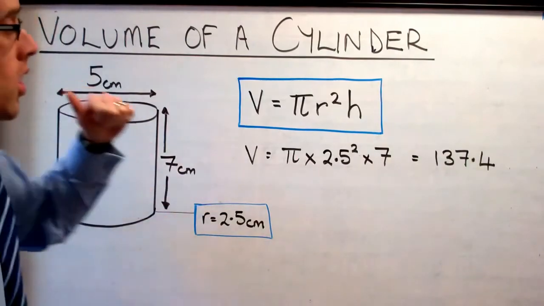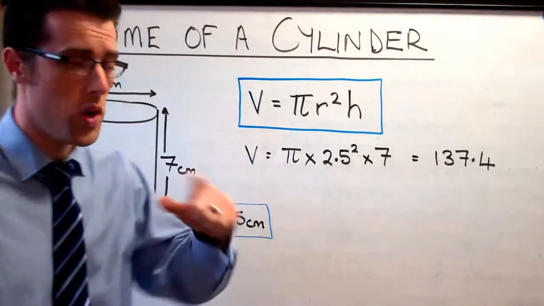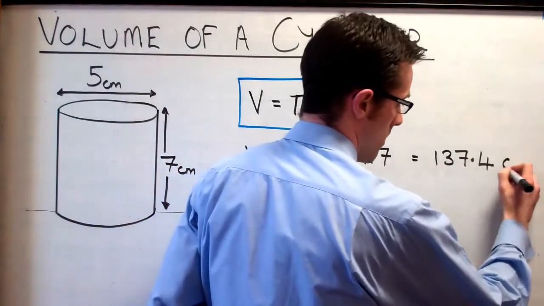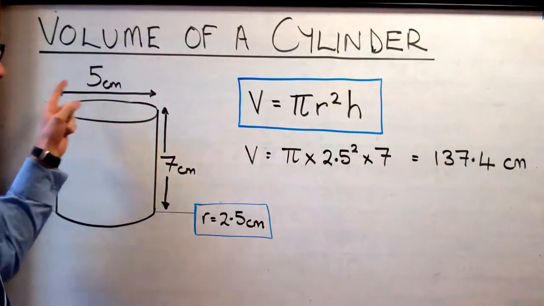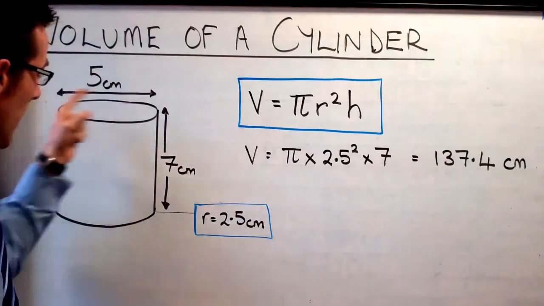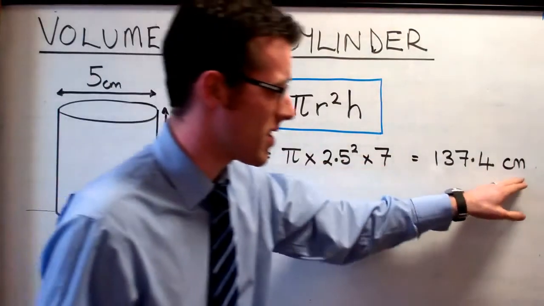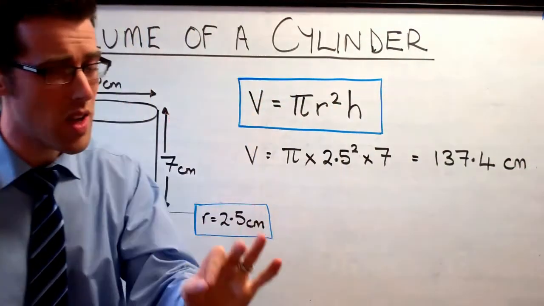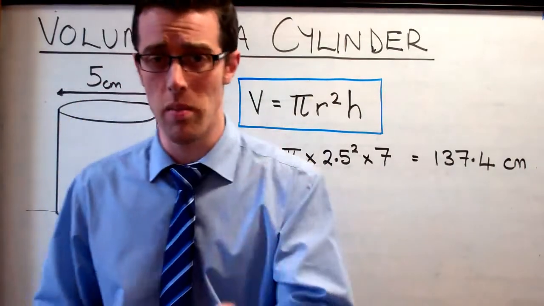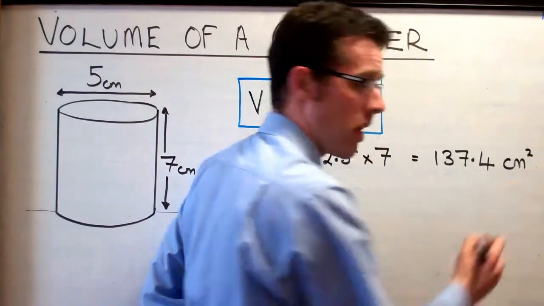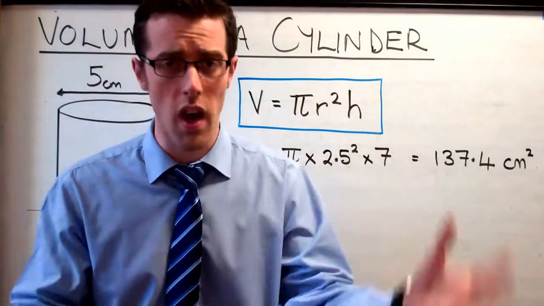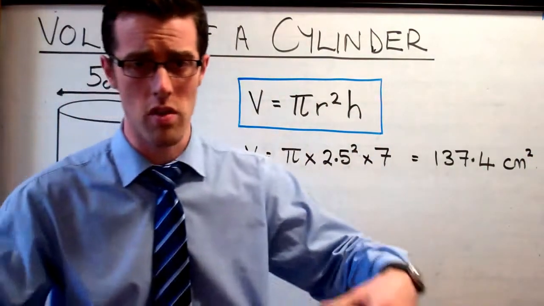Now, with circumference, we used centimetres because it was a length, right? We've been given lengths in centimetres here, so we're using centimetres again. But it's not just centimetres. Remember, for a length we use centimetres, for an area we use centimetres squared. Remember, that was a unit when we spoke about tiles and carpets and things like that, which are sold in square metres and square feet.